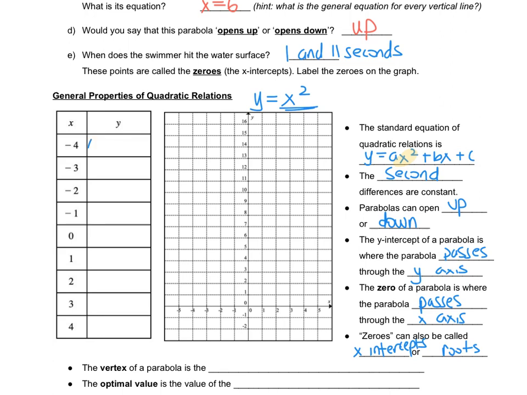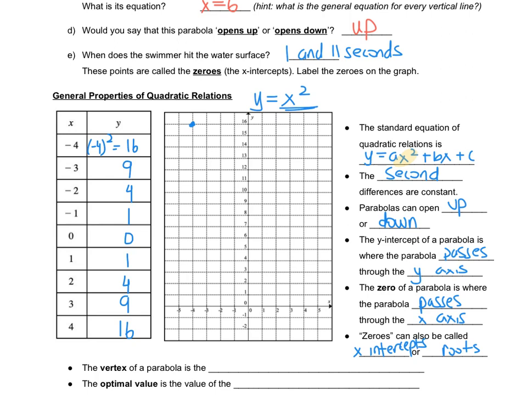So I'm going to take this -4 and raise it to the power of 2, and a negative number squared is going to be positive, so that's 16. -3 all squared means -3 times -3, which is 9. -2 all squared is 4. -1 all squared is 1. 0 squared, 0. 1 squared, 1. 2 squared, 4. 3 squared, 9. 4 squared, 16.